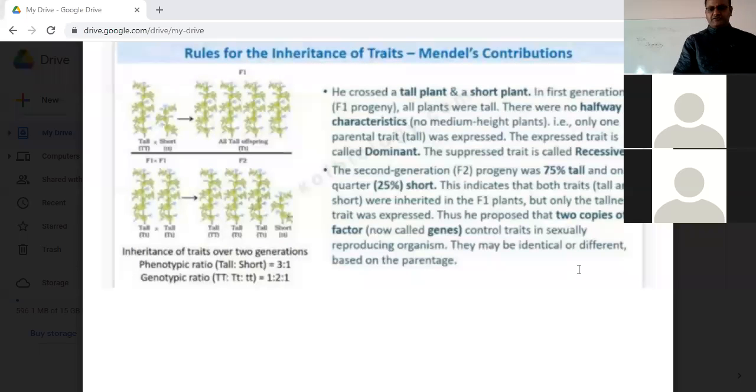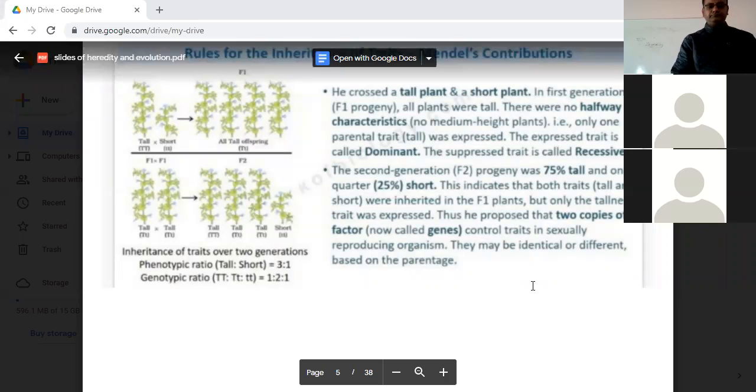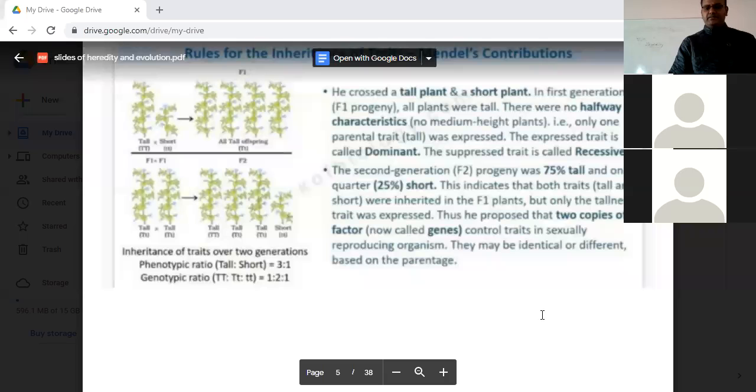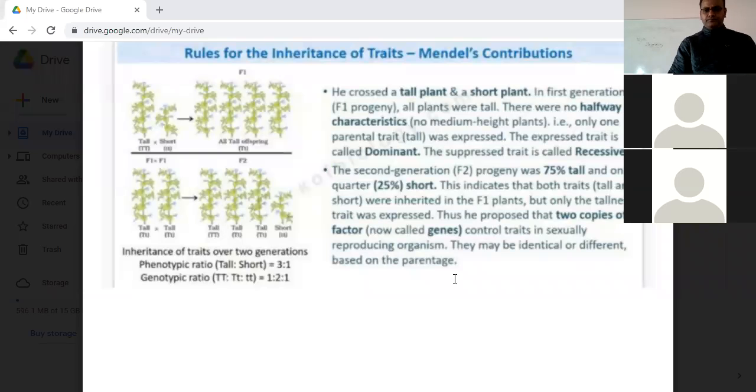Aryan, you can unmute yourself. Yes, Aryan, the monohybrid cross, you want?